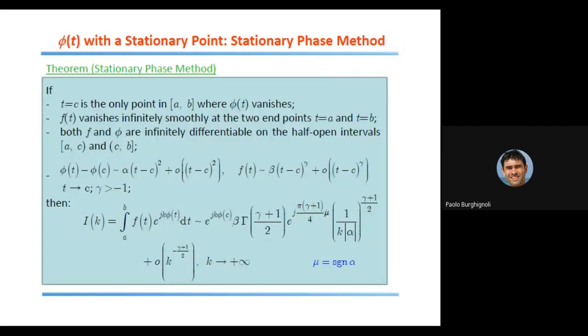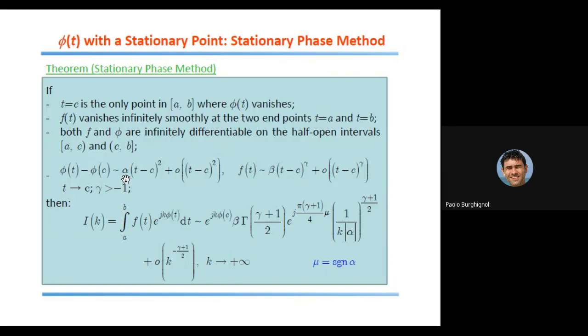Here, everything is written more formally. So if we have that c is the only point inside the integration domain where the function phi vanishes, if the function f vanishes infinitely smoothly at the two endpoints, a and b, and if the functions f and phi are infinitely differentiable on the half-open intervals on the left and on the right of the point c, if we know the asymptotics of the function phi in the neighborhood of c and of the function f in the neighborhood of c again, where in those asymptotic representations some constants are involved.